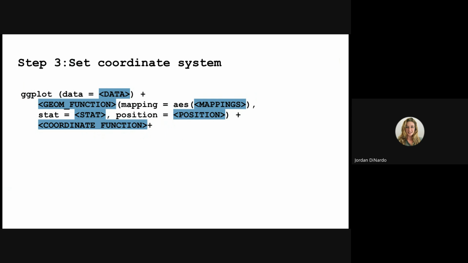Okay, so after you've indicated the geoms, you next indicate your coordinate system or your coordinate function. Again, as I mentioned earlier, this is pretty generic. You don't really need to indicate anything here when it comes to tabular data. This comes way more handy and helpful when it comes to spatial data.